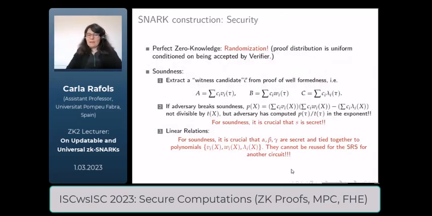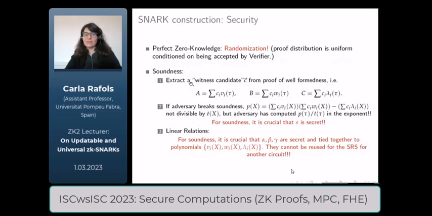In particular, these trapdoors need to be different for each set of polynomials. So for each different circuit, I need a different alpha, beta, and gamma. And if you try to reuse them, you completely break security, okay? These are the two important points.